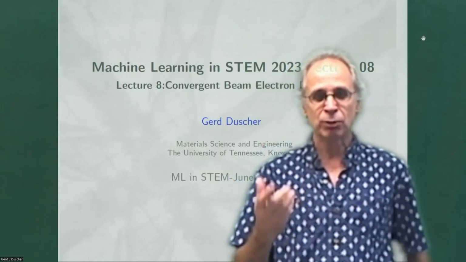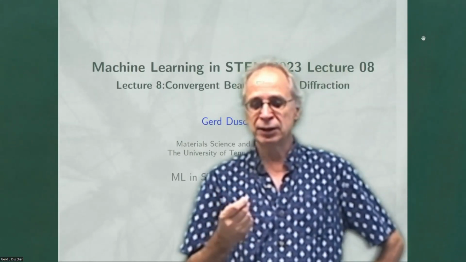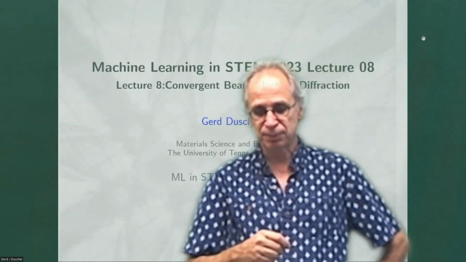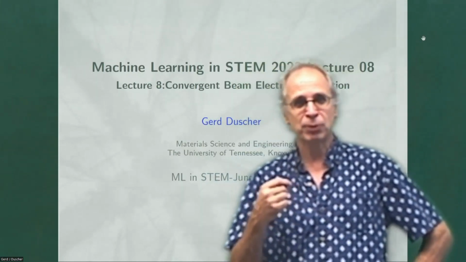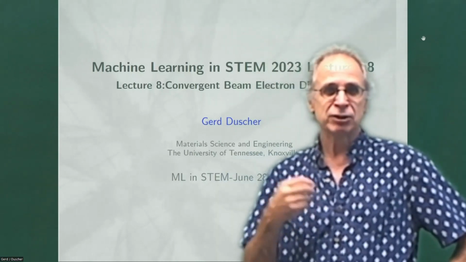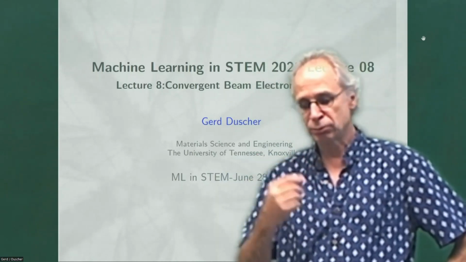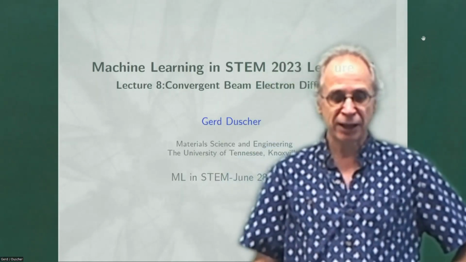So the key is to understand diffraction. And if you want to understand convergent beam electron diffraction, you have to understand that there are two relevant different modes for STEM.